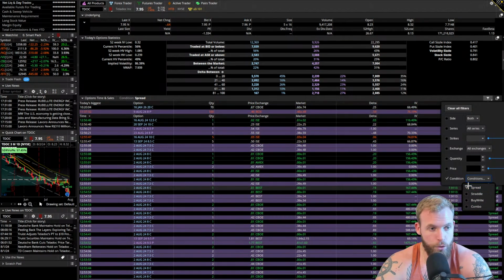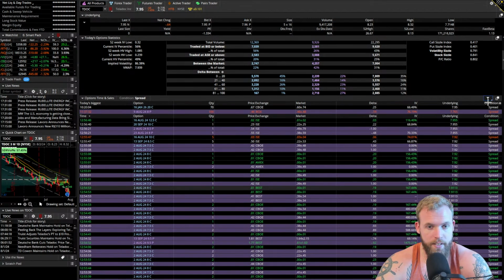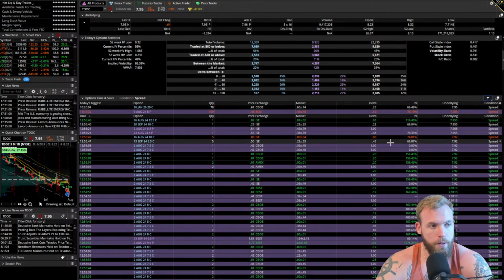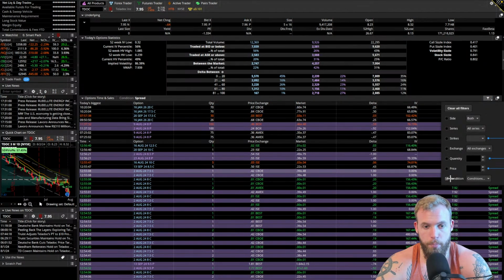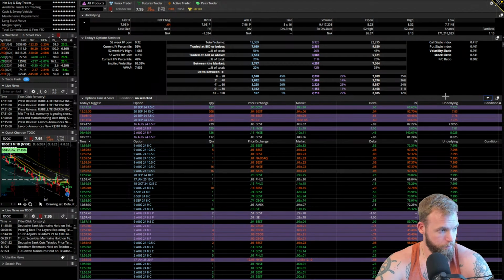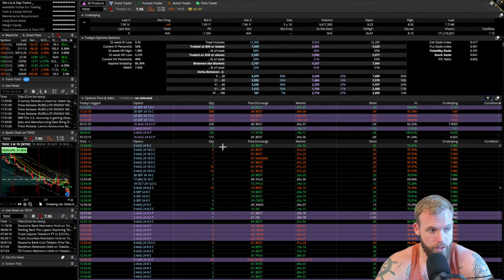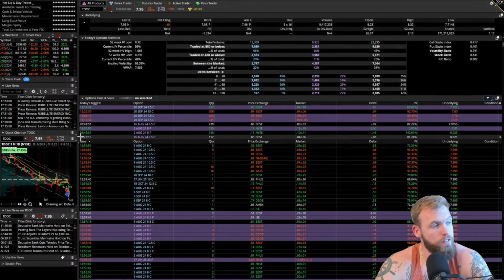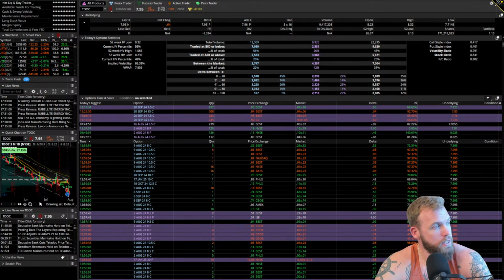Now, you can lose some trades that would come through by spreads that could still be informative if they're large enough. But in general, I simplify it. I'm looking for things that are really displaying some specific strong conviction. So I much prefer single options for that use case. So that's why I will filter out essentially the spreads.